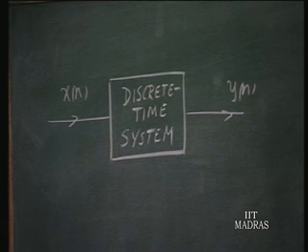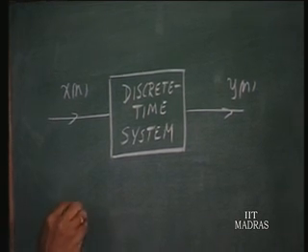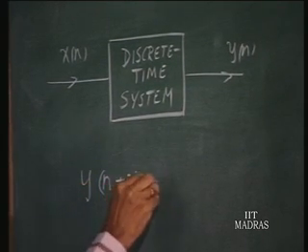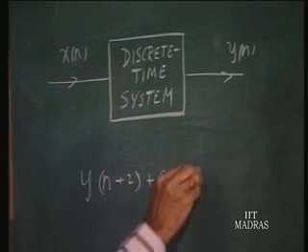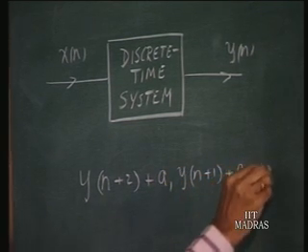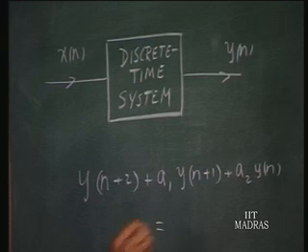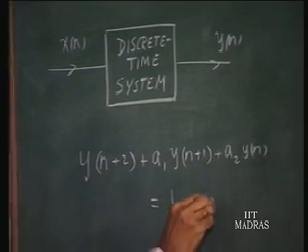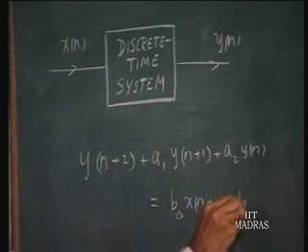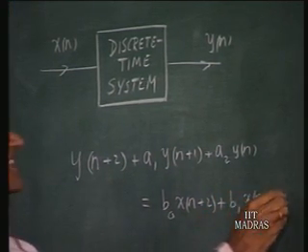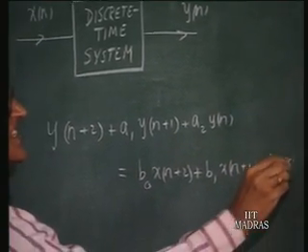An example of such a linear difference equation will be something like this: y[n+2] plus a1 y[n+1] plus a2 y[n] equals b0 x[n+2], say, plus b1 x[n+1] plus b2 x[n].